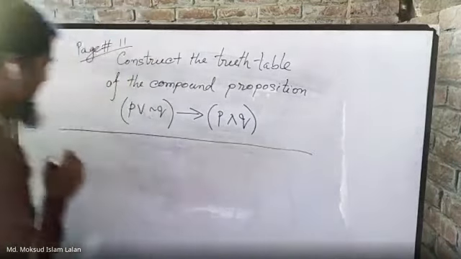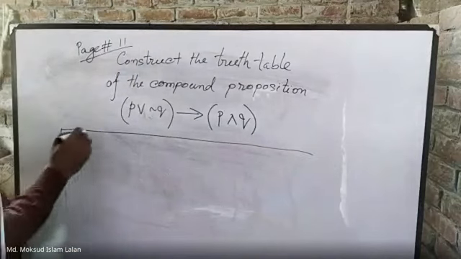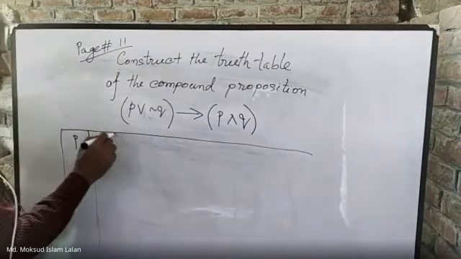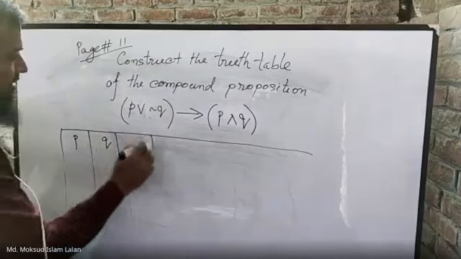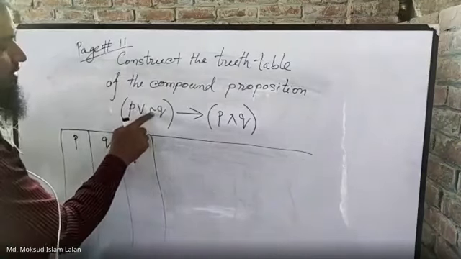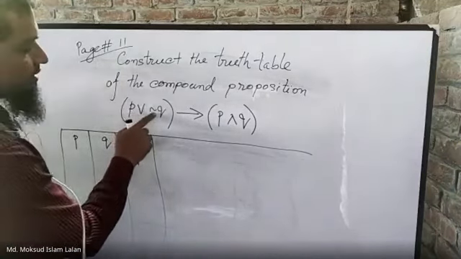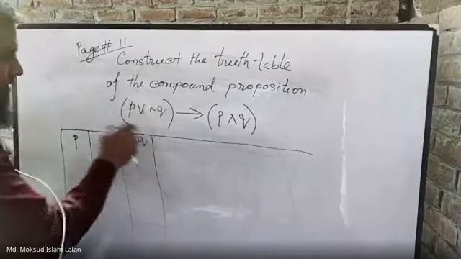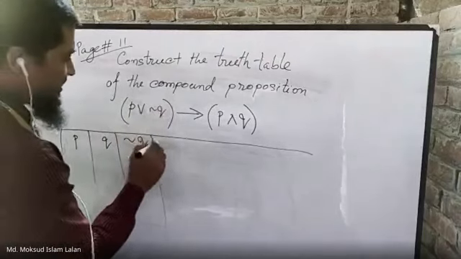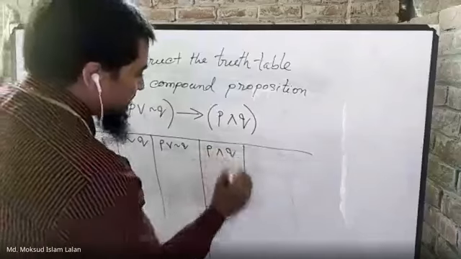How many columns do you have to derive? One for P, another for Q, another for negation of Q, right? Yes, sir. Then another, this compound disjunction, P disjunction negation of Q, right? Another is conjunction, P conjunction Q, right?